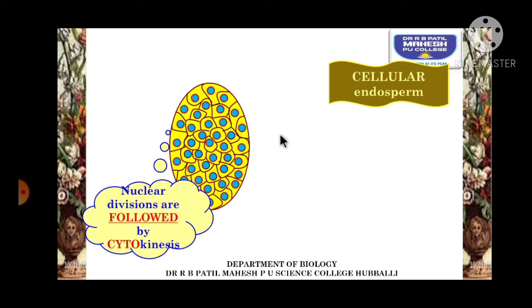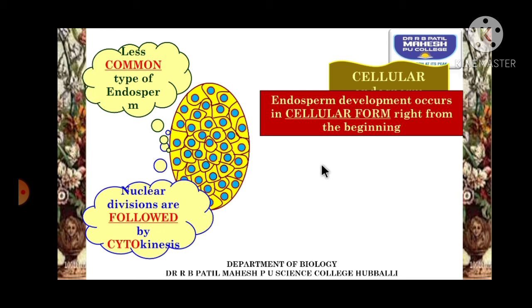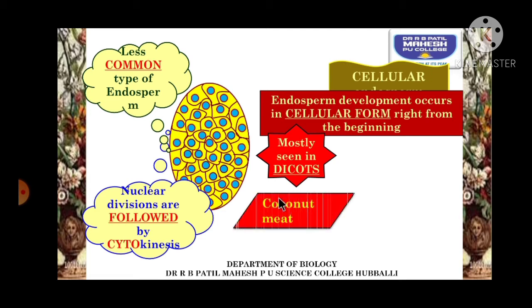Cell wall. So such a type of endosperm where nuclear division is followed by cytokinesis is called cellular endosperm. Endosperm development occurs in cellular form right from the beginning, and it's a less common type of endosperm and mostly seen in which plants? Dicot plants.